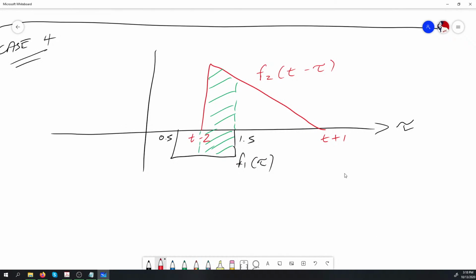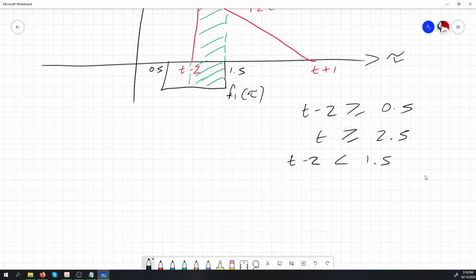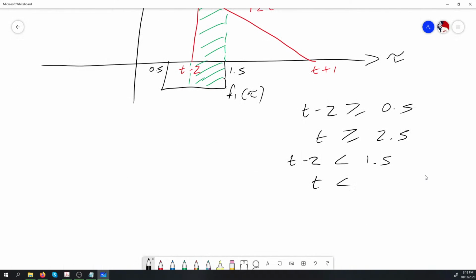For case 4, we slide the signal again, and for this case we watch our t minus 2 intercept. We see that t minus 2 here has crossed 0.5, so t here will be more than or equal to 2.5. But t minus 2 here is also less than 1.5, so t here will be less than 3.5. When we combine our t ranges, we get it between 2.5 and 3.5.